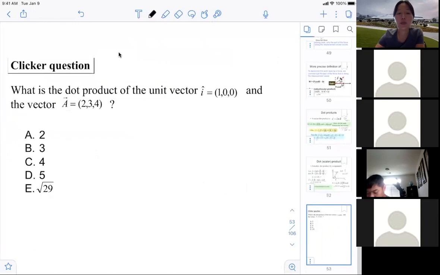Let's quickly check what we have learned with this particular question. I don't think we need to discuss, so quickly take a look at this, and when you're ready, you can put in your vote.